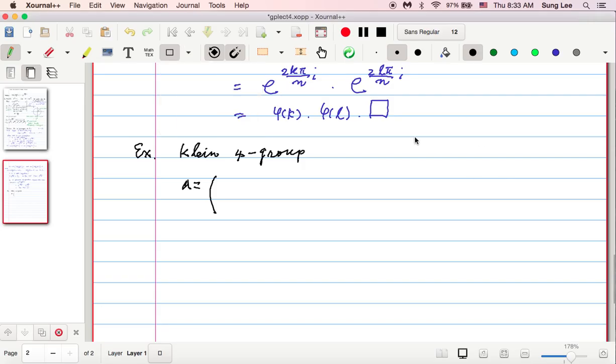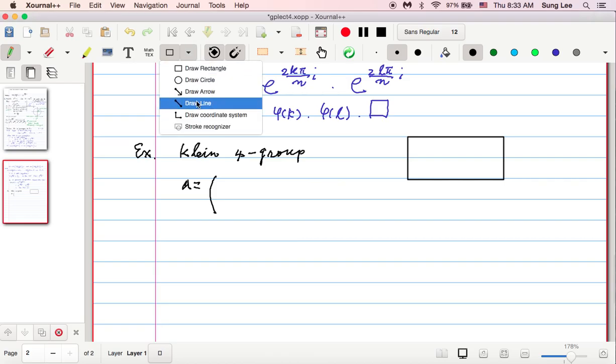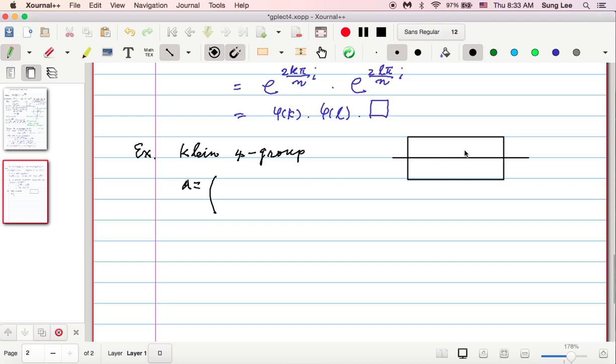Oh, okay, that's cool. That's rotation A by 180 degrees, right? That's rotation B by 180 degrees.